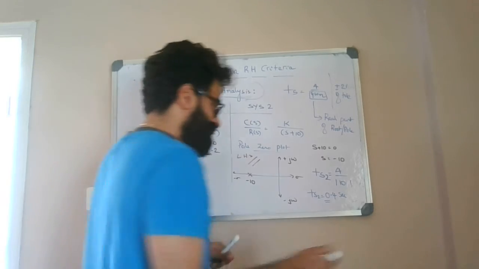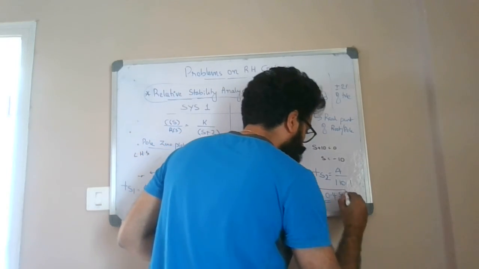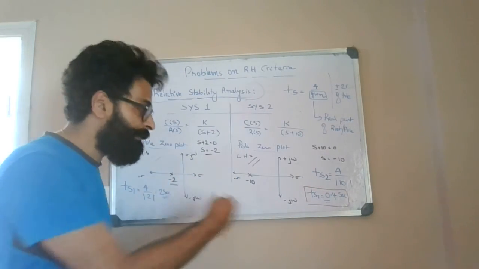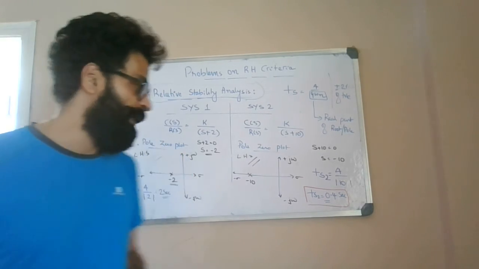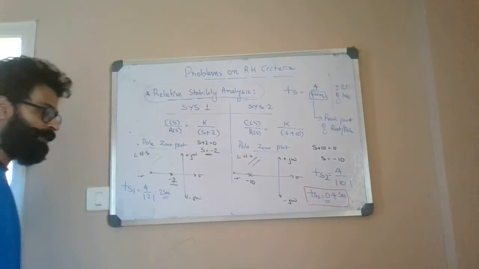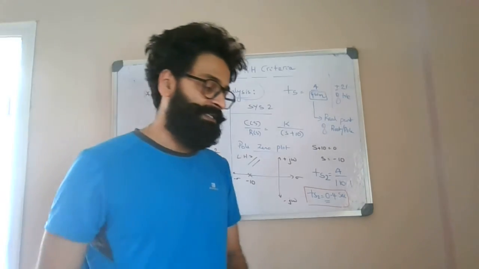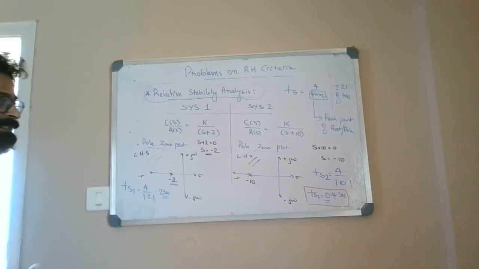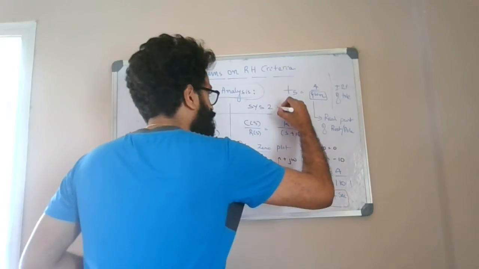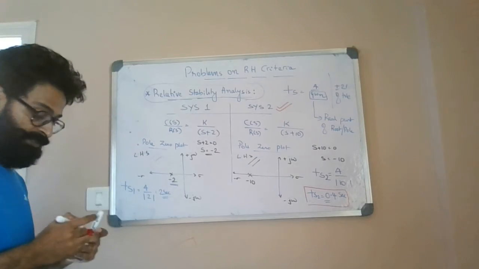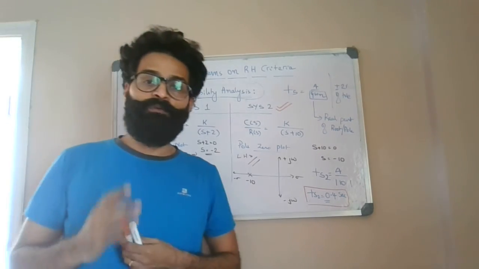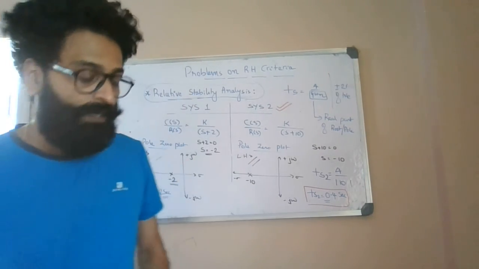So system 2 is taking lesser time to settle down or lesser time to find its steady state value. On the other hand, system 1 takes longer time to settle down. So on this basis, you can say that system 2 is better or relatively more stable compared to system 1 because system 2 takes lesser time to settle down.